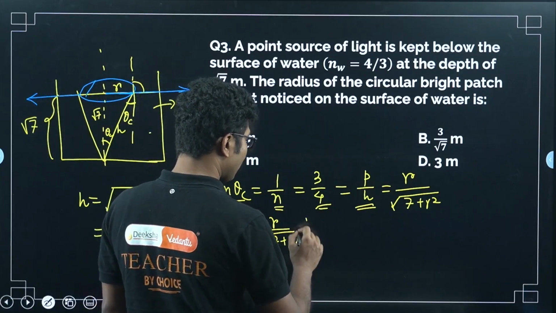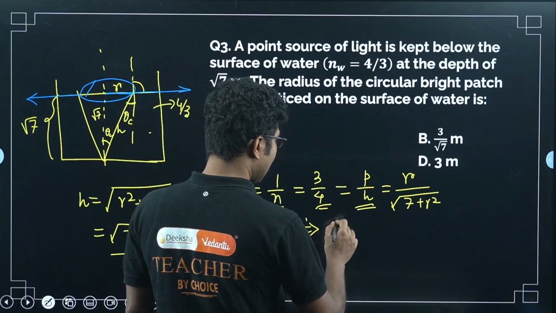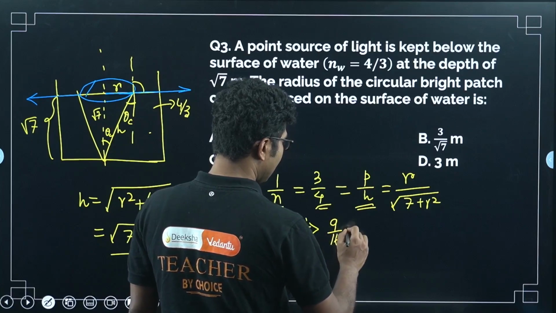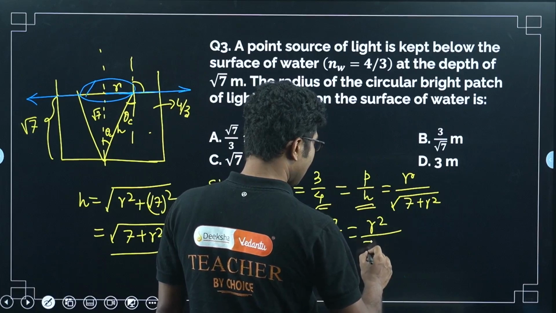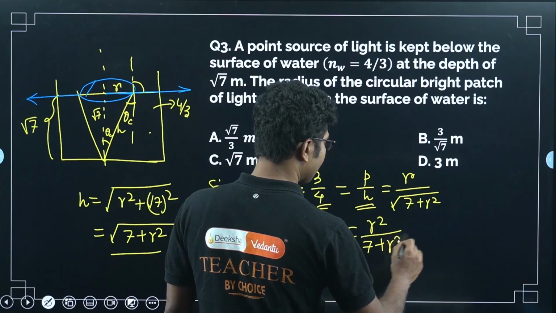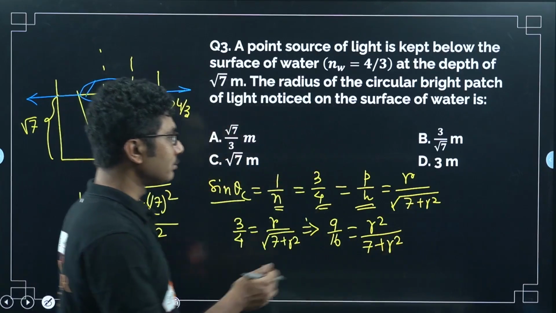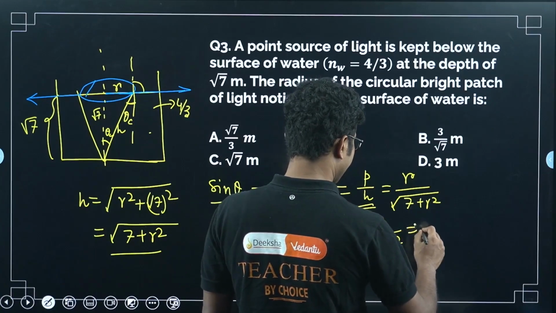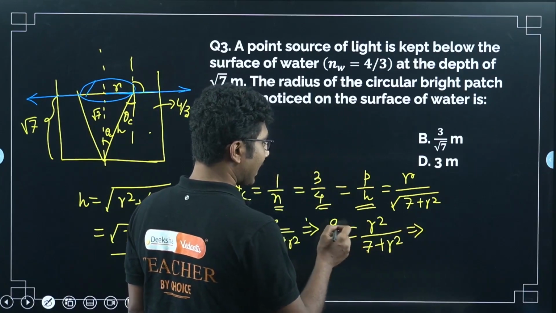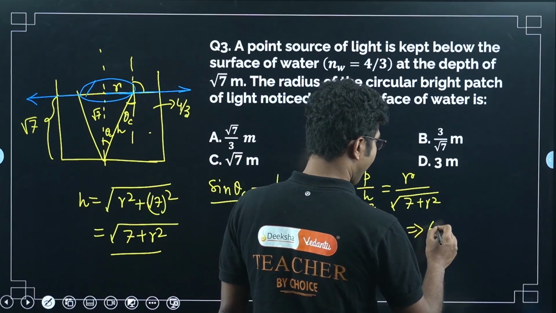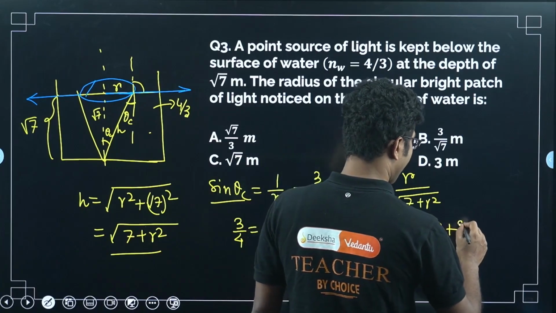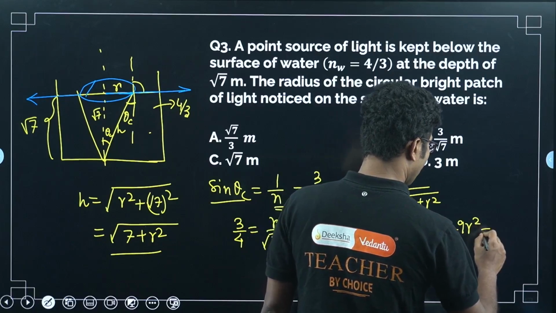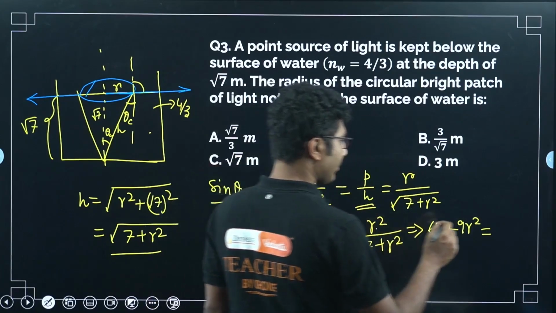So if you square both sides, then we can write 9 by 16 equals to r square divided by 7 plus r square, right? So now do the cross multiplication, then we will get 7 9s are 63 plus 9 r square equals to 16 r square.